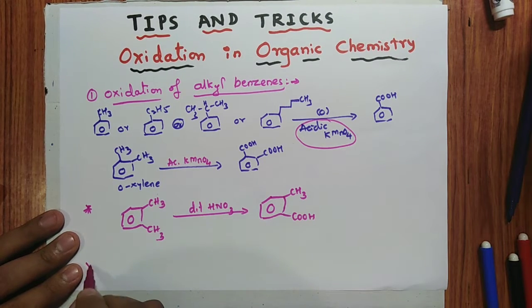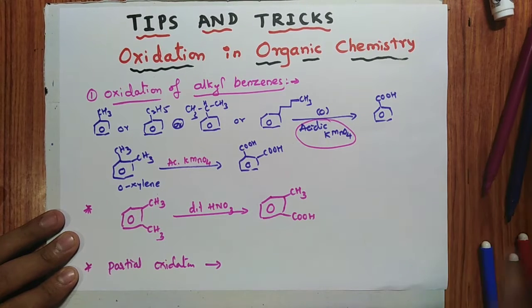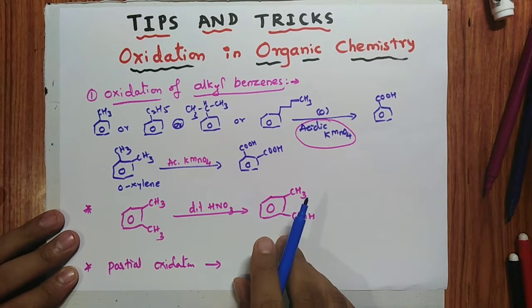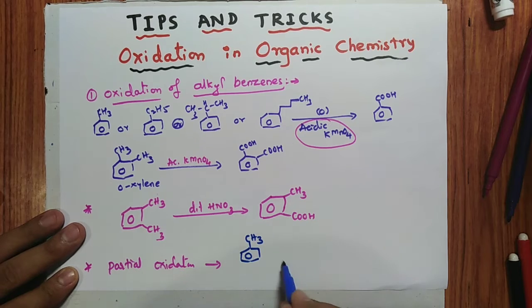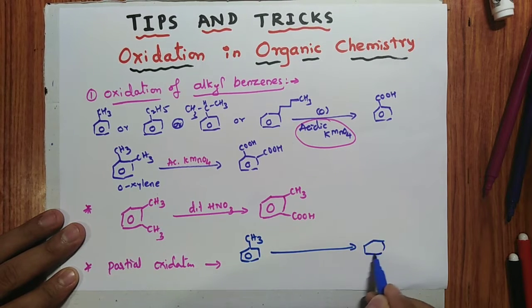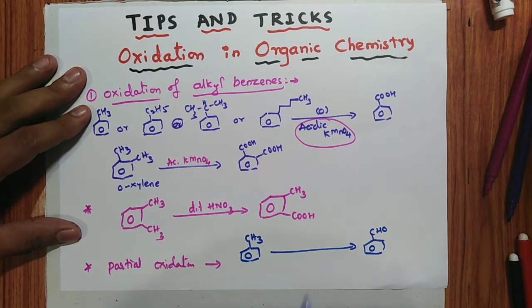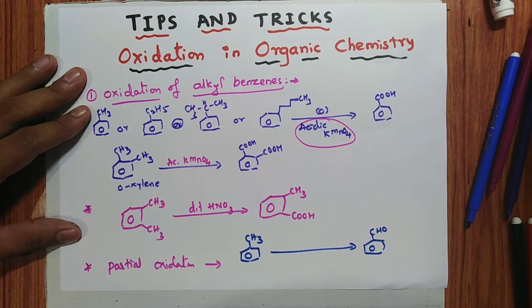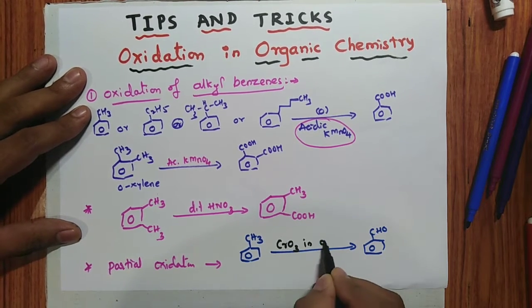Similarly, if I want partial oxidation, what does partial oxidation mean? Remember, if we have methyl benzene and I want to convert it to benzaldehyde, CHO, in this case we can use the oxidizing agent CrO3 in acetic anhydride.